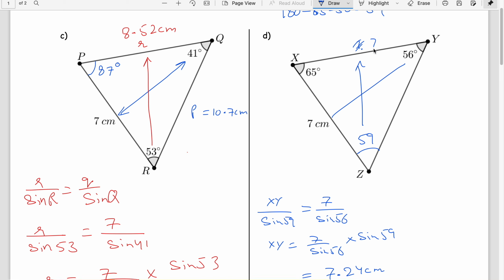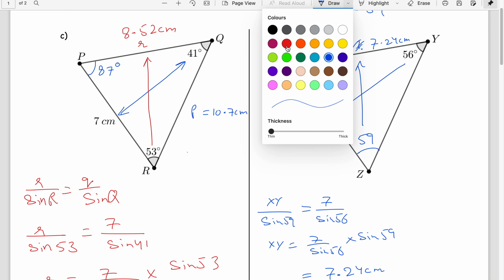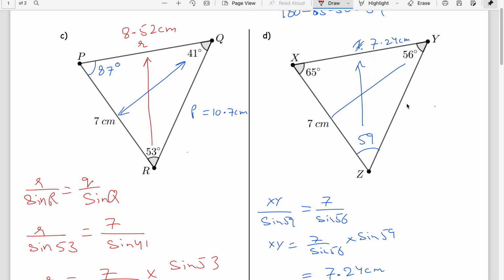So this is now 7.24 centimeters. So moving on to the next part, unknown side is yz. So yz divided by sine 65 is equal to unknown side divided by known pair.